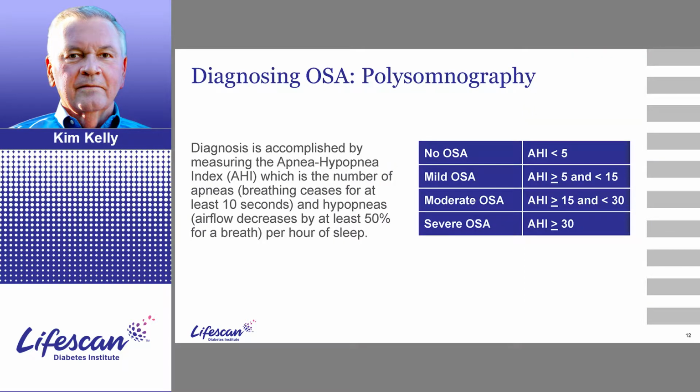So the diagnostic tests for obstructive sleep apnea: the gold standard is a test called polysomnography, with poly meaning a lot, somno meaning sleep, and graphy meaning lots of graphics.